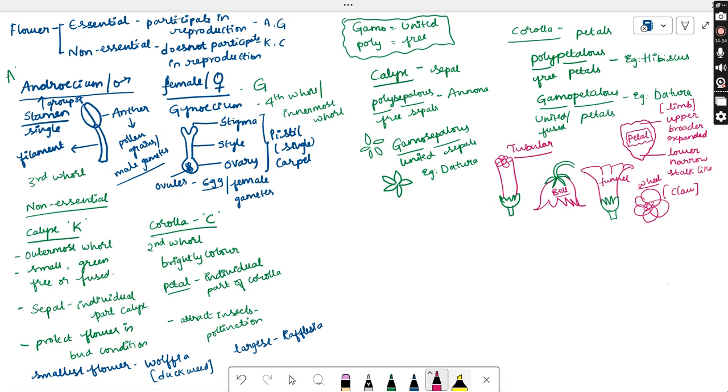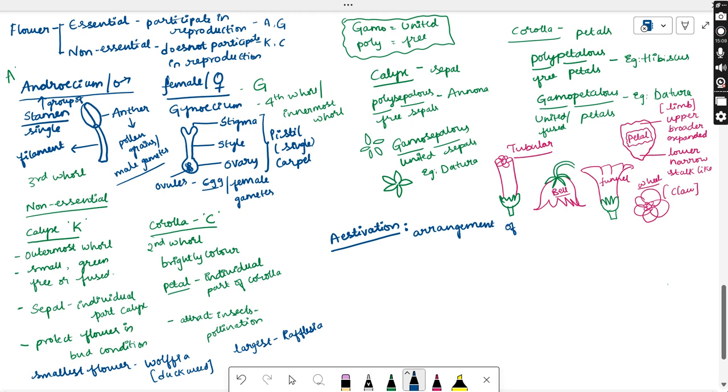Now, how this calyx and corolla are arranged? The arrangement of sepals and petals, whenever the flower is in a bud condition, we call that arrangement as the estivation. Estivation means how these parts are arranged, the arrangement of sepals and petals. So what are the sepals? The individual parts of the calyx, and the petals or the individual parts of the corolla.